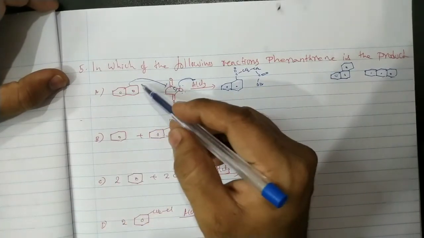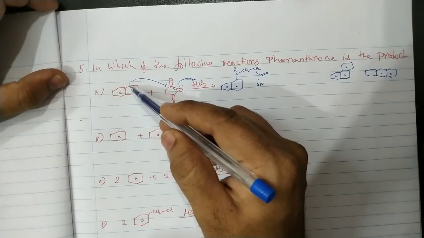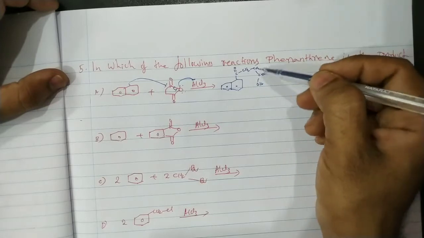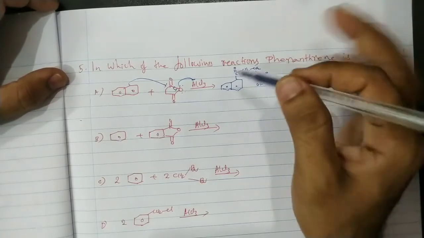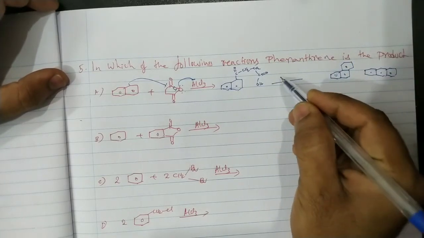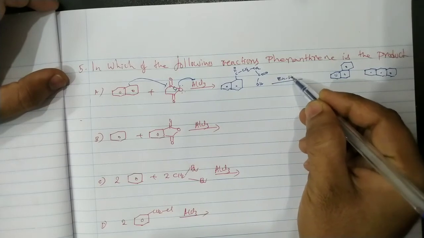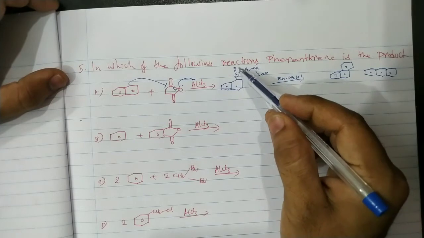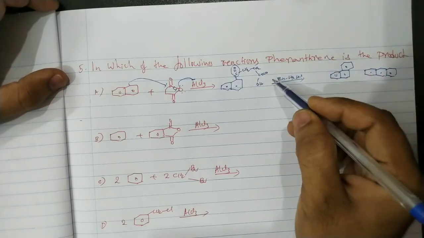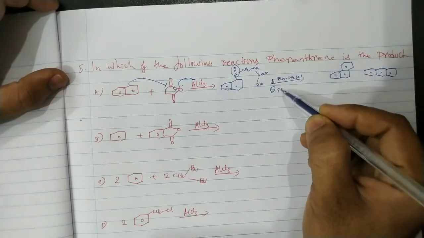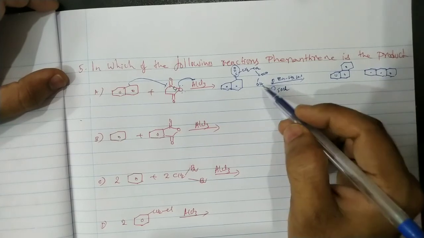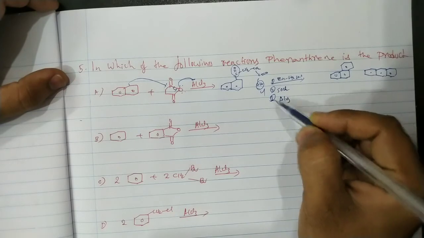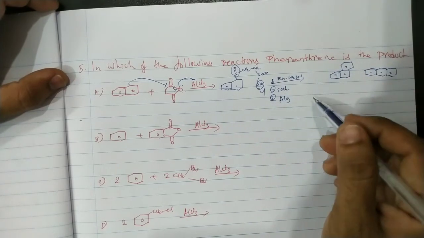Okay, so here for naphthalene, the most preferable position for the electrophile attack is 1. So initially the electrophile attacks on this one. By multiple steps we will get this one. Now here next one, by reaction with zinc mercury and HCl, that is the Clemmensen reduction, we know that CO is converted to CH2, and next on reaction with SOCl2, this is converted to acid halide, and then reaction with AlCl3, an intramolecular acylation reaction takes place.